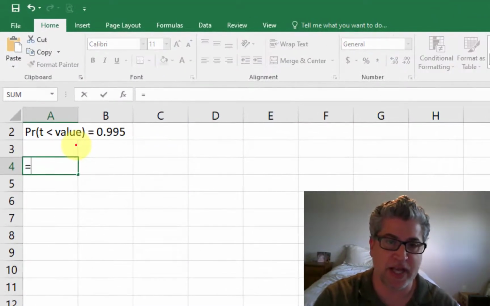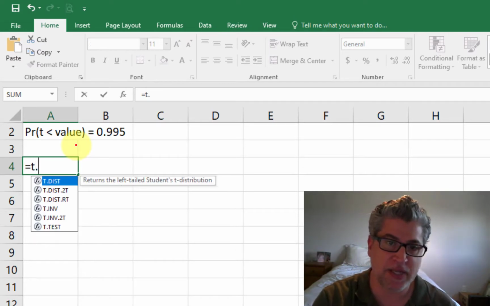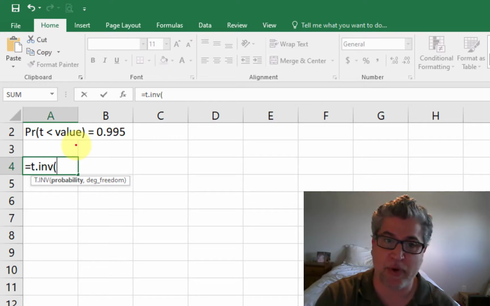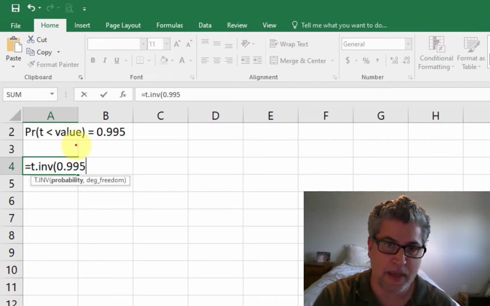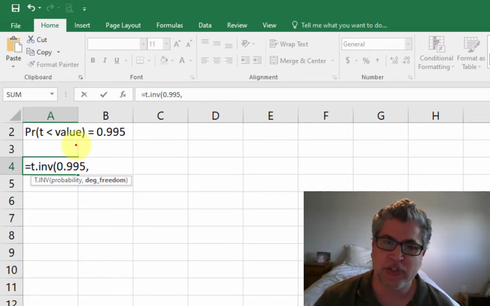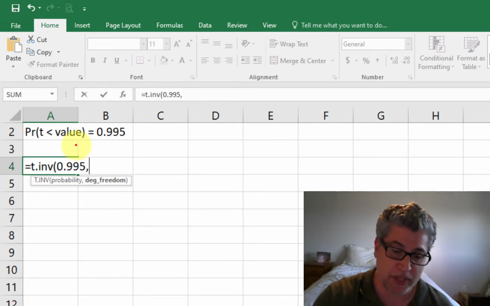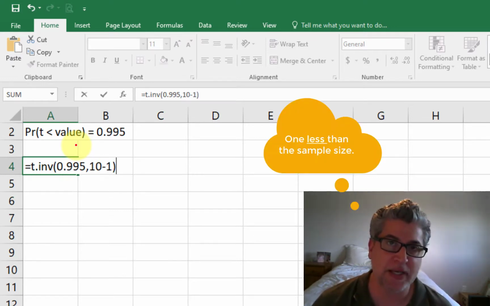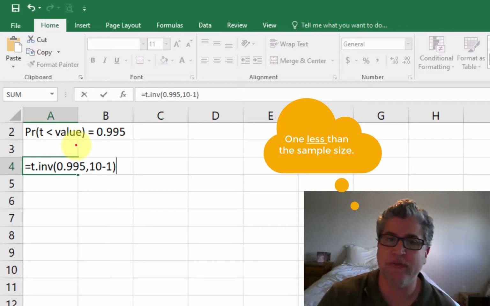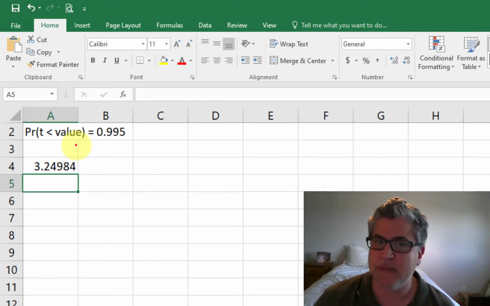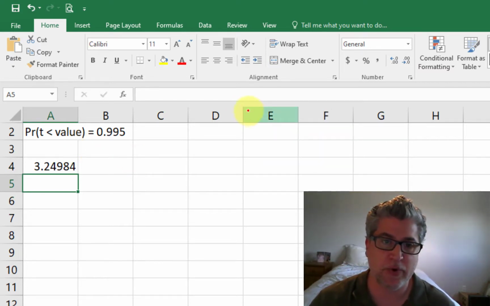So we're doing an inverse calculation, but from a t. So T.INV, and we need to give it the probability that we're looking at. That's the 0.995. And now it needs the degrees of freedom. For our t distribution, the degrees of freedom is the sample size minus 1. So 10 minus 1 is our degrees of freedom, or we could have just entered 9. We hit enter and we get 3.25 roughly. So that's got to be our critical value, 3.25.